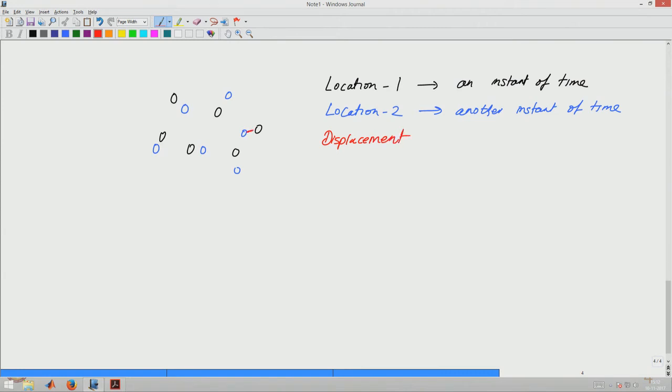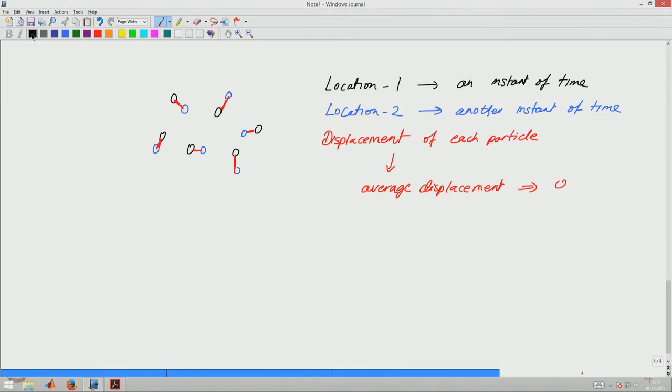I can see in this case that this is one displacement, this is another displacement, this is another displacement, and if I have such a large number of particles and I find the average displacement of each particle, this will go to 0 because it is a stationary fluid and particles are going in random directions. So, clearly in this case the displacement of each and every particle is definitely not 0, but the average displacement is 0.